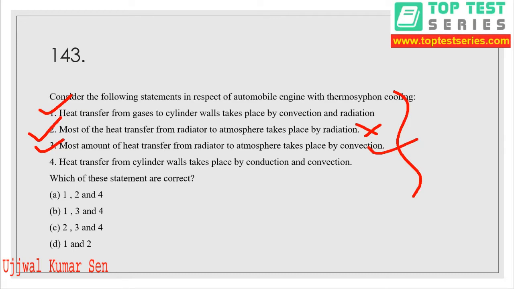That's correct. Fourth, heat transfer from cylinder walls takes place by conduction and convection. That's correct. So 1, 3 and 4 are correct, because 2 is wrong. Option B is the correct answer for this question.